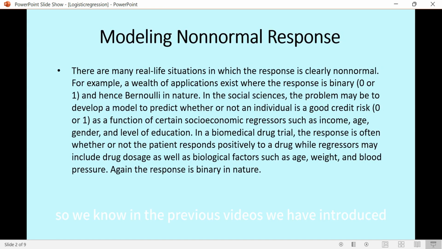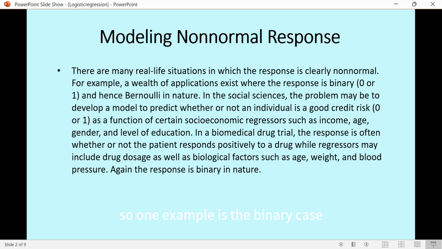We know that in the previous videos we introduced linear regression. Linear regression wants a continuous response variable as the dependent variable. But in many socioeconomic cases, the response variable is not continuous and also not normal.